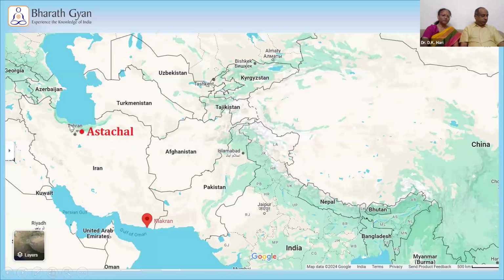There is a range of mountains here as well, which has one of Asia's tallest volcanoes, actually over here. And the approaches to that volcano are not just one. So you may wonder, how come there is an Astachal? But you will find there are many places in that mountain range which end with Merchal, then Hesarchal, then Astachal, Sangchal.